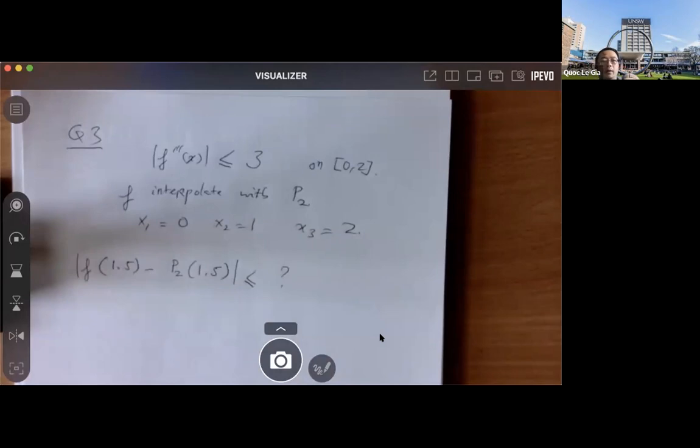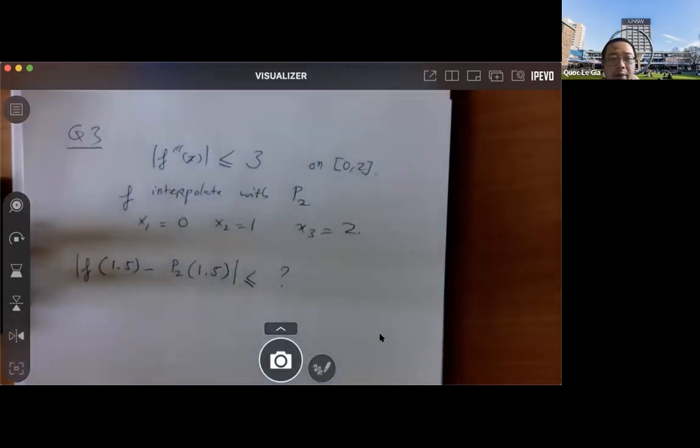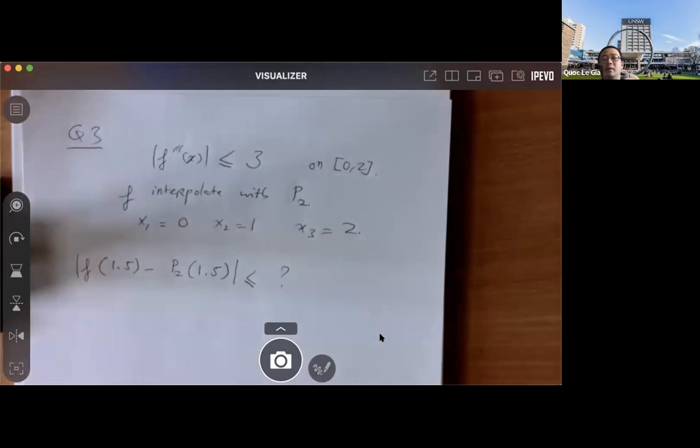Anyone? Did you follow the lectures? You just skip the lectures and you forget everything, right? Anyone, do you remember what theorem we have to use here?